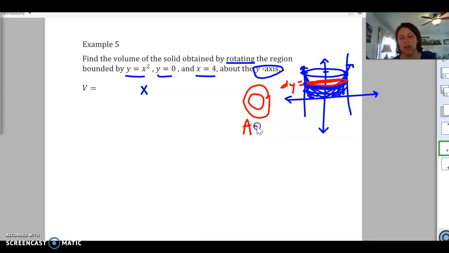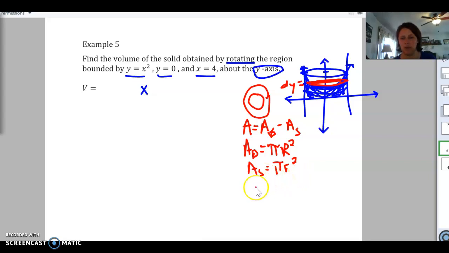So the area of this object here is going to be the area of the bigger circle minus the area of the smaller circle. So the area of our bigger circle is going to be equal to pi, I'm going to use a capital R for my big radius, pi R squared, and the area of the smaller circle is going to be pi little r squared.